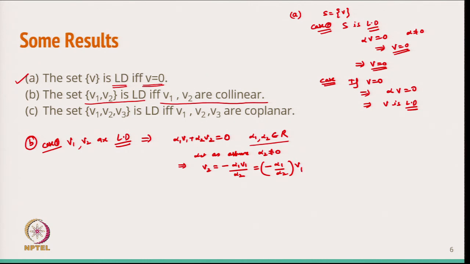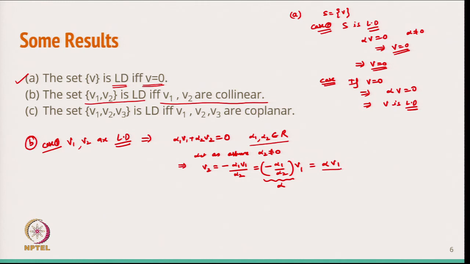And this is just a scalar. So, it is a new scalar, I just call it alpha. So, I can write it as alpha V1. So, from here I can say that V2 is some scalar multiple of V1. So, if V1 is there, then V2 is just the scalar multiple of this one.